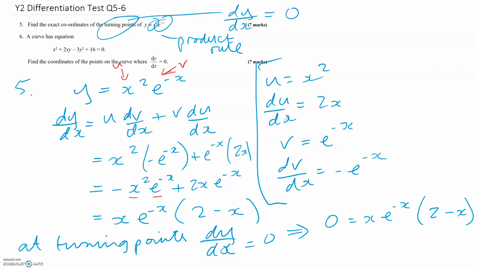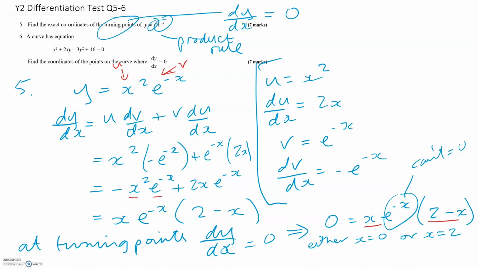Now if you look at this, e to the minus x can't equal 0, e to the anything can't equal 0. Let's just make a note of that. So therefore either x equals 0 or x equals 2, because we either need this to equal 0 or this to equal 0, just like when you're solving a quadratic.